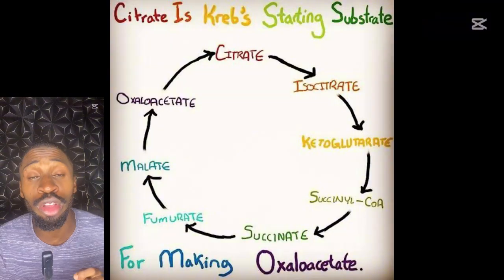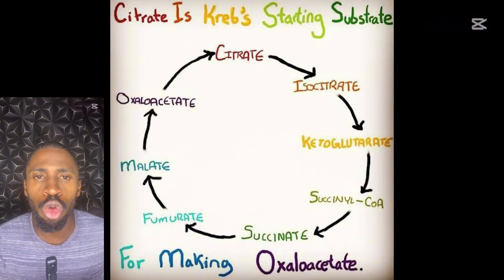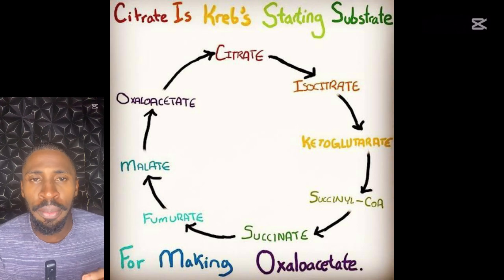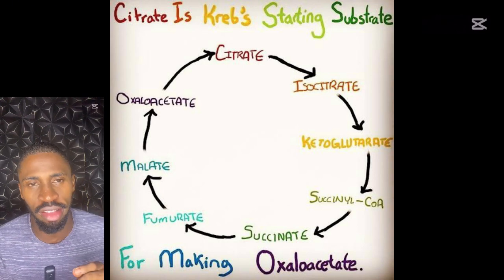So next is the mnemonics. The mnemonic I'll be giving you is for the TCA cycle, and don't forget it. Always remember: Citrate is Krebs starting substrate to form oxaloacetate.